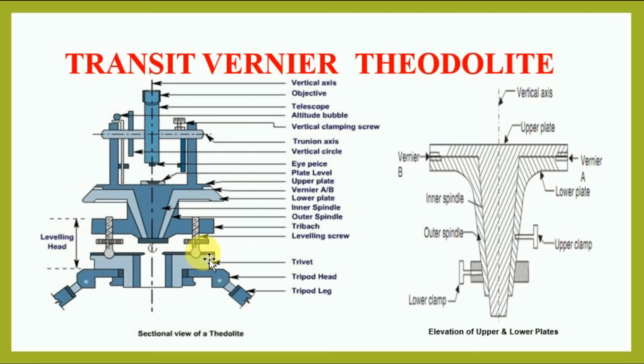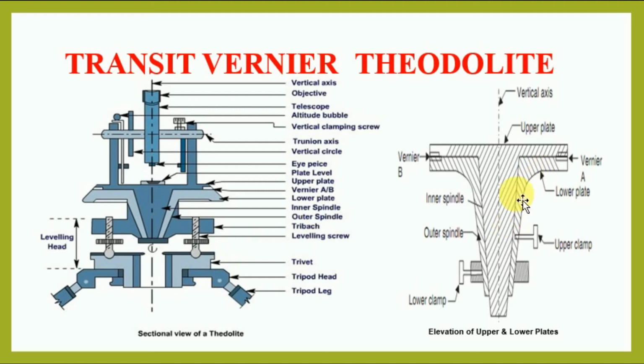Leveling head consists of 3 foot screws for leveling the instrument. This leveling head is connected to a trivet, and this trivet is connected to the tripod head, and there are tripod legs below.